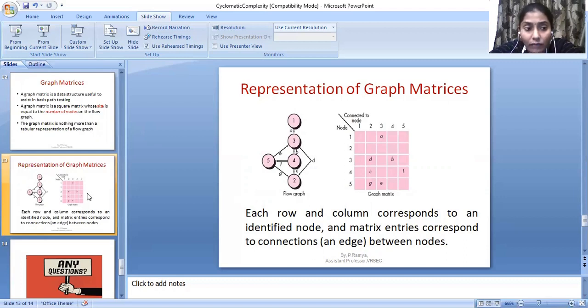After that, you have to derive the independent paths, and write the test cases for all the independent paths without leaving any of them. Later on, you have to derive the graph matrix for the associated flow graph, and the size of the matrix will depend upon your number of nodes. So this is the way how you will do the basis path testing.